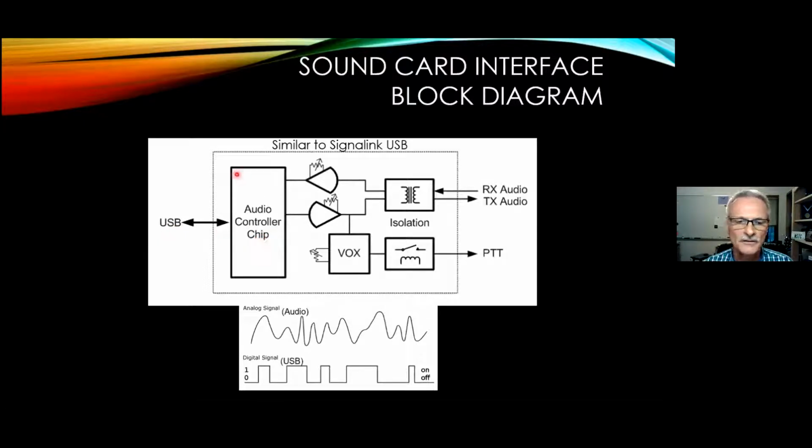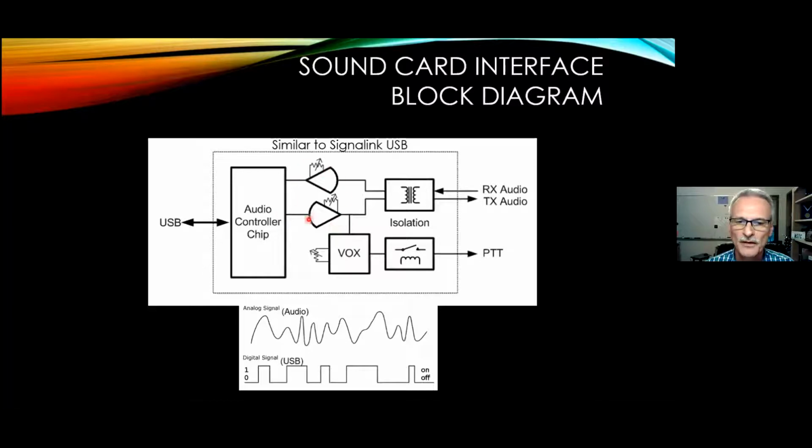And inside there's going to be an audio controller chip of some kind, and that's going to have the digital to analog converter and the analog to digital converter, possibly some other I/O lines in there to drive LEDs or to respond to switches or something like that.